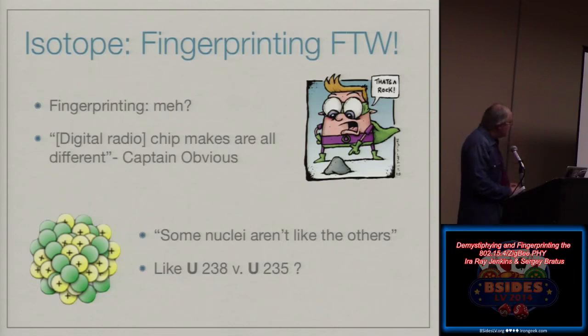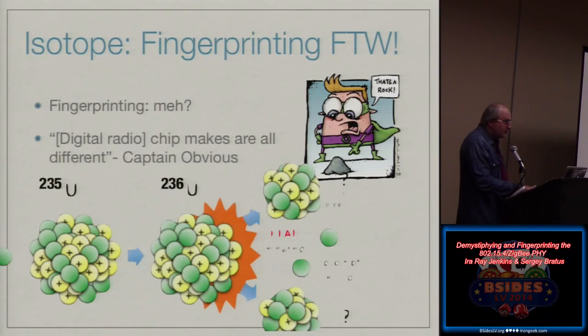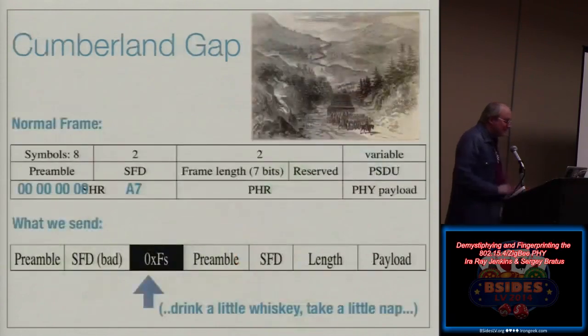Still the same element, a bit heavier kernel. So who cares? Until it turns out that you actually do care. And you discover a thing that goes boom. And this is the chain reaction. And this is the nuke. So we called our fingerprinting system Isotope for that reason.